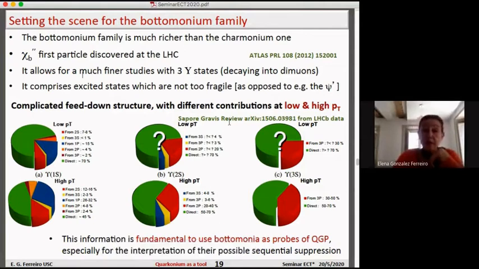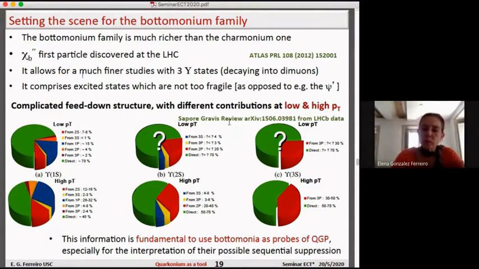This information is, of course, fundamental if you want to use bottomonium as a probe of a quark-gluon plasma, because for sequential suppression you need to take into account all the feed-downs. Since we were not studying the sequential suppression, but wanted to create a baseline for those studies of sequential suppression, we put all the states at play, but we cannot fit all the cross sections.